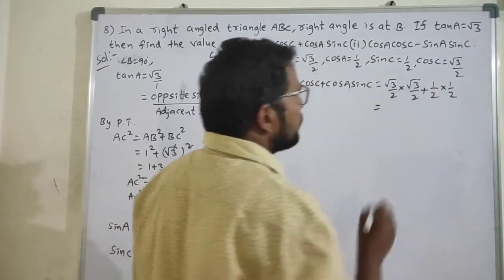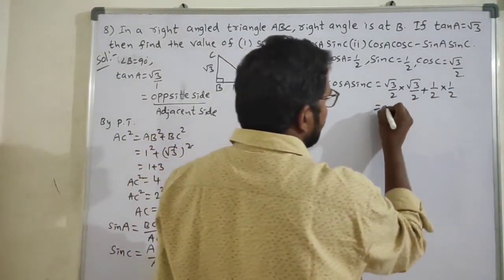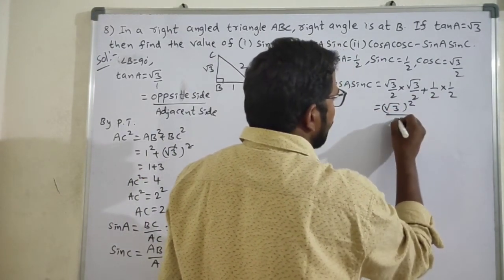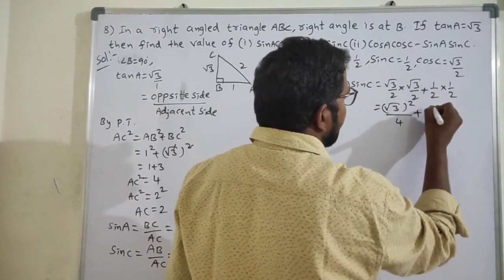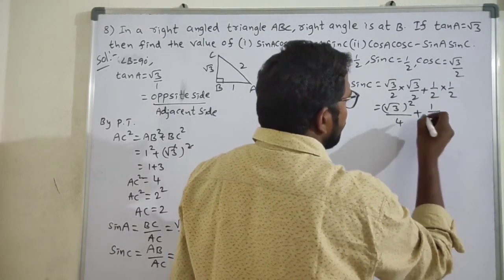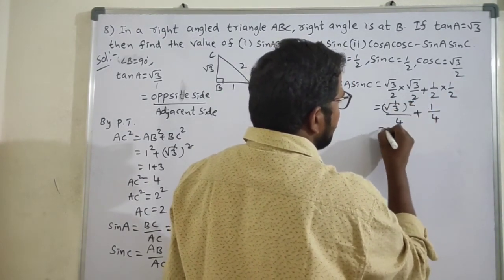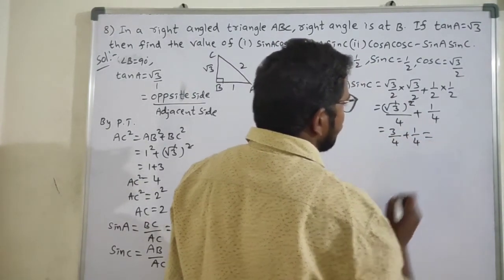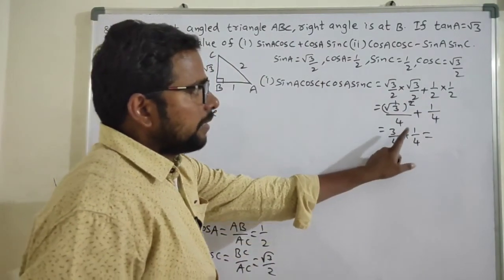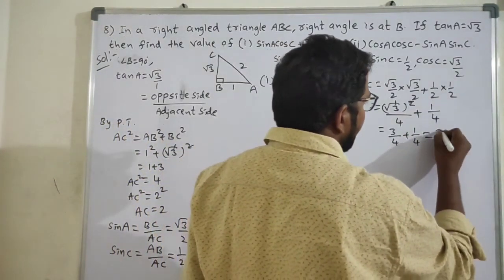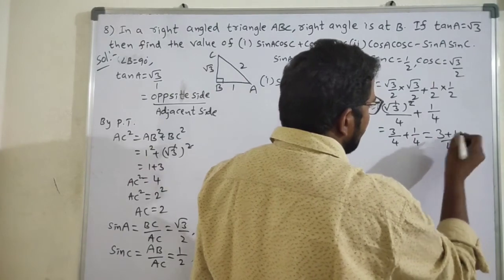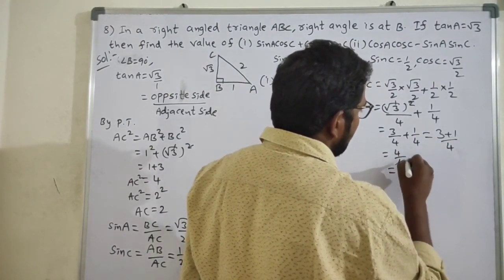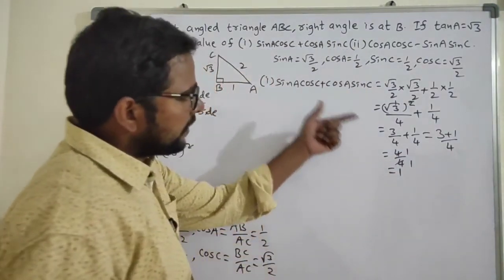So root 3 into root 3 is root 3 square, by 2 into 2 is 4, plus 1 into 1 is 1, by 4. Here the square root gets cancelled. 3 by 4 plus 1 by 4, the denominator is 4, so 3 plus 1 by 4. 3 plus 1 is 4. 4 by 4 is equal to 1. So the value of this one is 1.